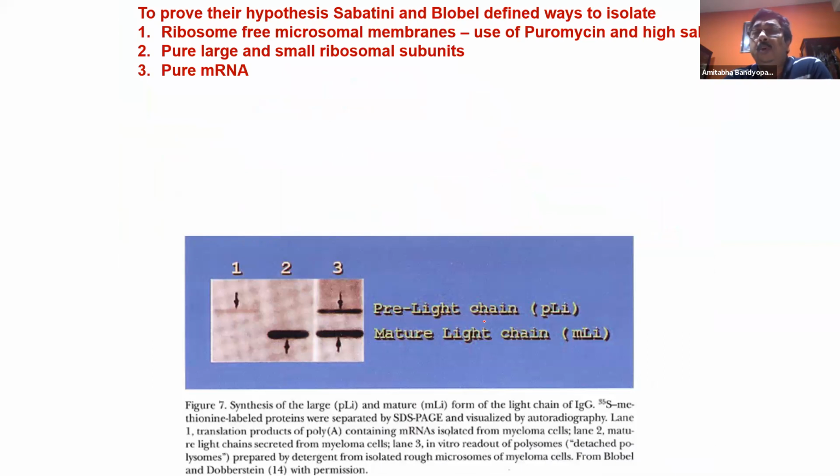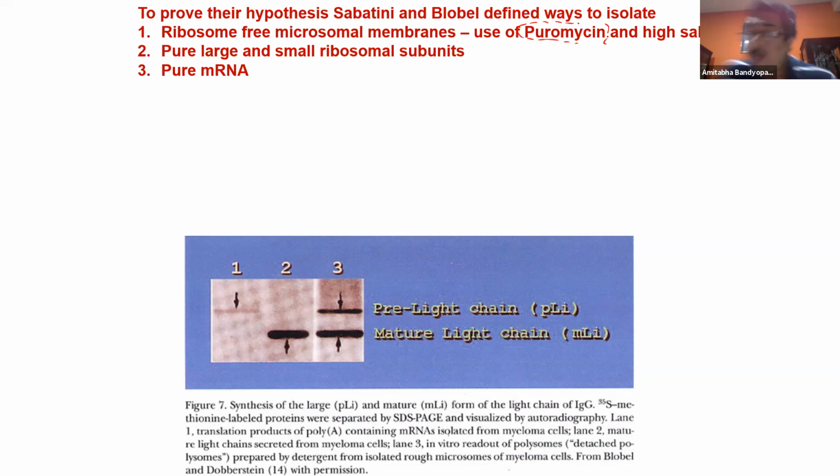Okay, so what he did is that he used a chemical called puromycin, which kind of looks like a tRNA. Puromycin will be mentioned multiple times in this lecture, so it is better that you understand what puromycin does.